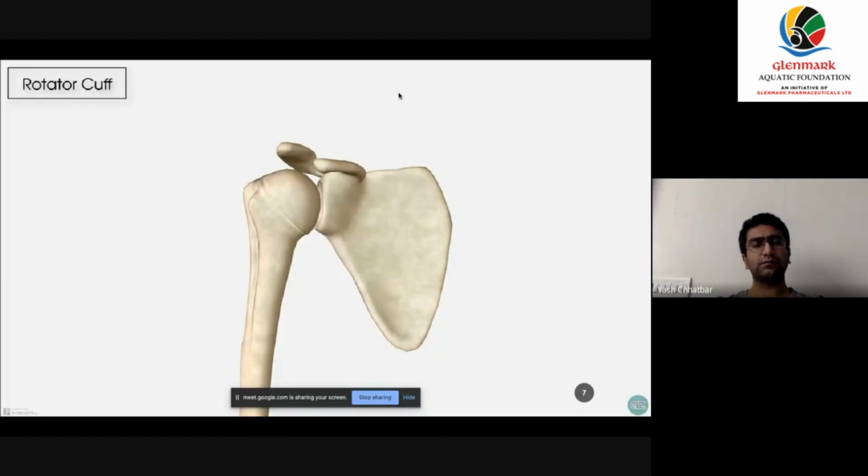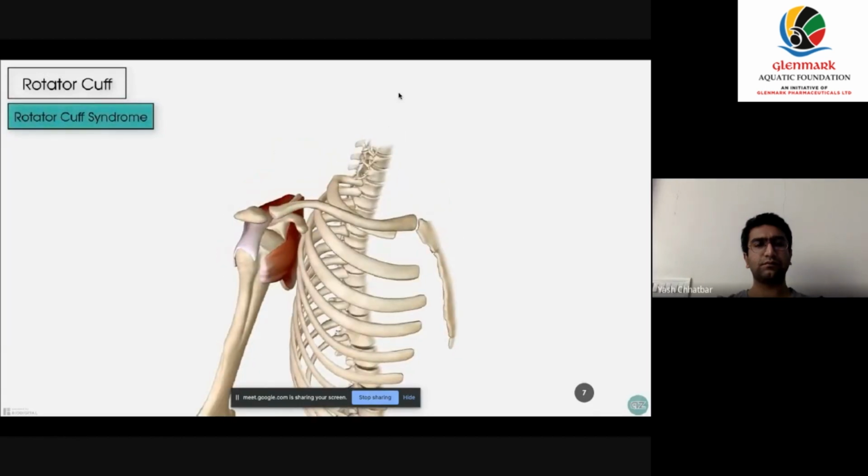Because of the complexity of the shoulder joint and the relative weakness of this group of muscles, they are easily injured. There are many injuries which involve this group of muscles, which are commonly referred to as rotator cuff syndrome. This essentially is an umbrella term which refers to a variety of conditions affecting the rotator cuff.